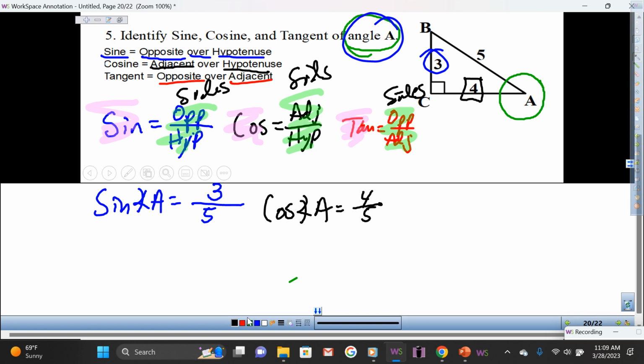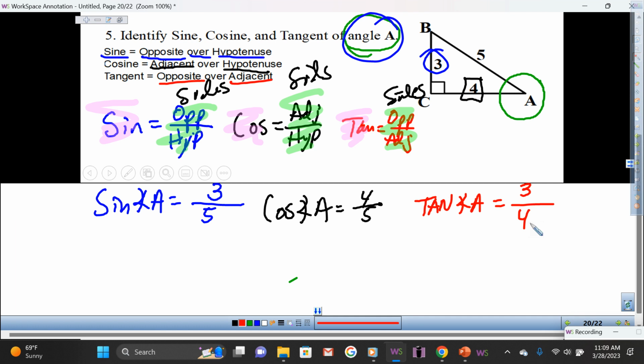All right. And last but not least, tangent angle A. What does tangent angle A say? Opposite over adjacent. Tell your neighbor what you're going to write for that. Who got 3 over 4? Hands up if you got that.